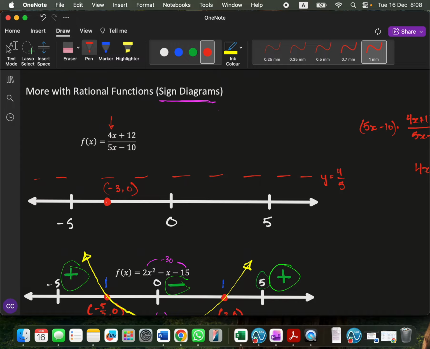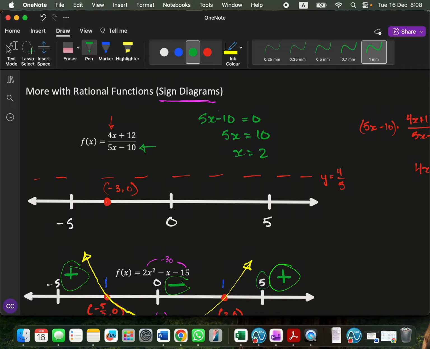Now, the other interaction it's going to have is we need to know where that vertical asymptote is. Well, the vertical asymptote is always, always, always found by setting the denominator equal to 0 and solving. So 5x minus 10 equals 0, 5x equals 10, x equals 2.